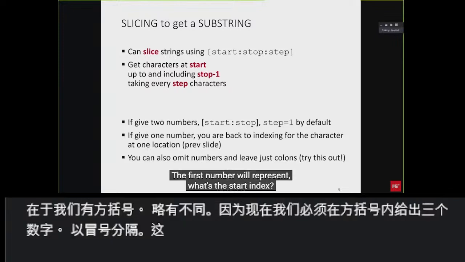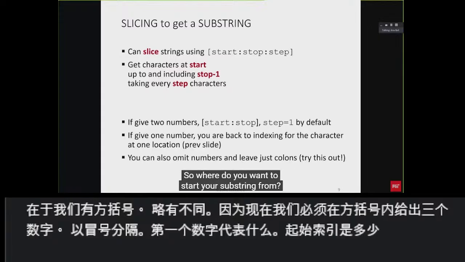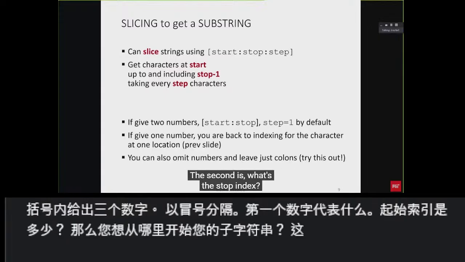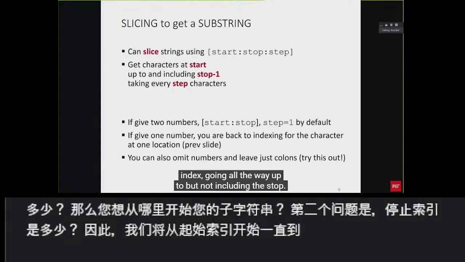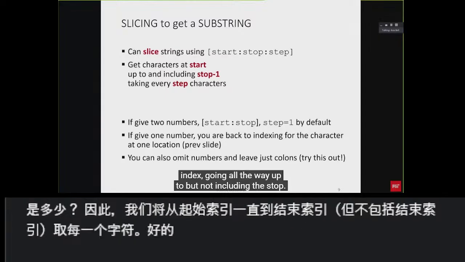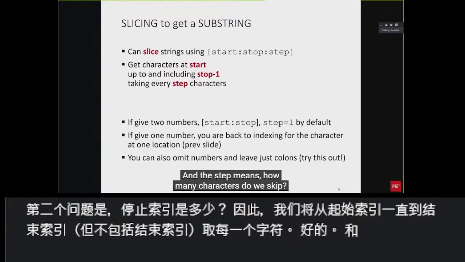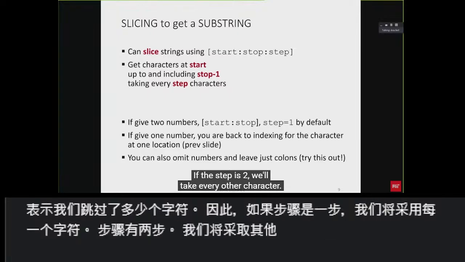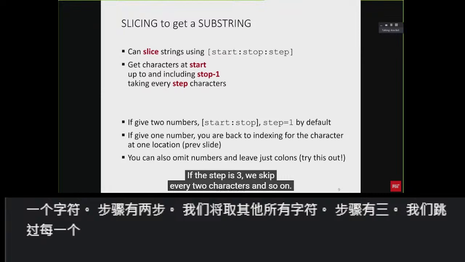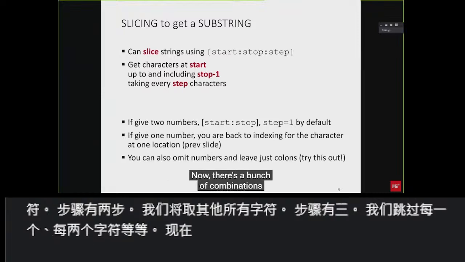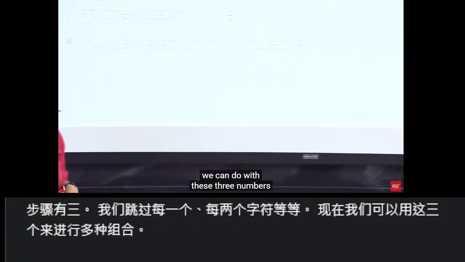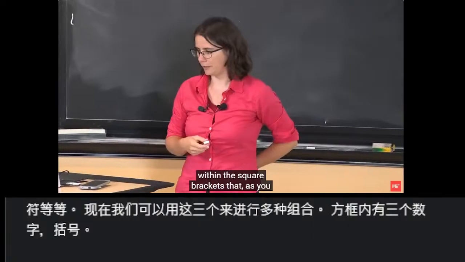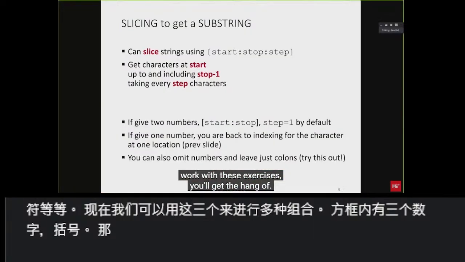The first number will represent what's the start index. So where do you want to start your substring from? The second is what's the stop index. So we're going to take every character from that start index, going all the way up to, but not including the stop. Okay? And the step means how many characters do we skip. So if the step is 1, we're taking every character. If the step is 2, we'll take every other character. If the step is 3, we skip every 2 characters, and so on. Now, there's a bunch of combinations we can do with these three numbers within the square brackets that you'll get the hang of as you work with these exercises.